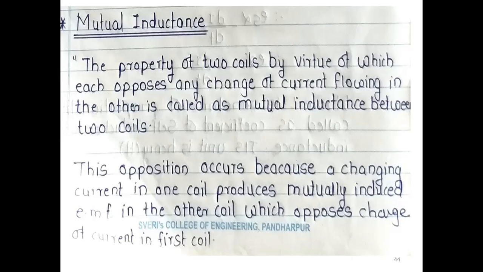This opposition occurs because a changing current in one coil produces mutually induced EMF in the other coil, which opposes the change of current in the first coil.